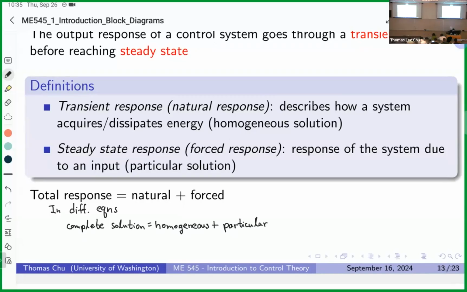And your homogeneous is based off your initial conditions. I use IC for initial conditions. And then your particular solution is based off of.